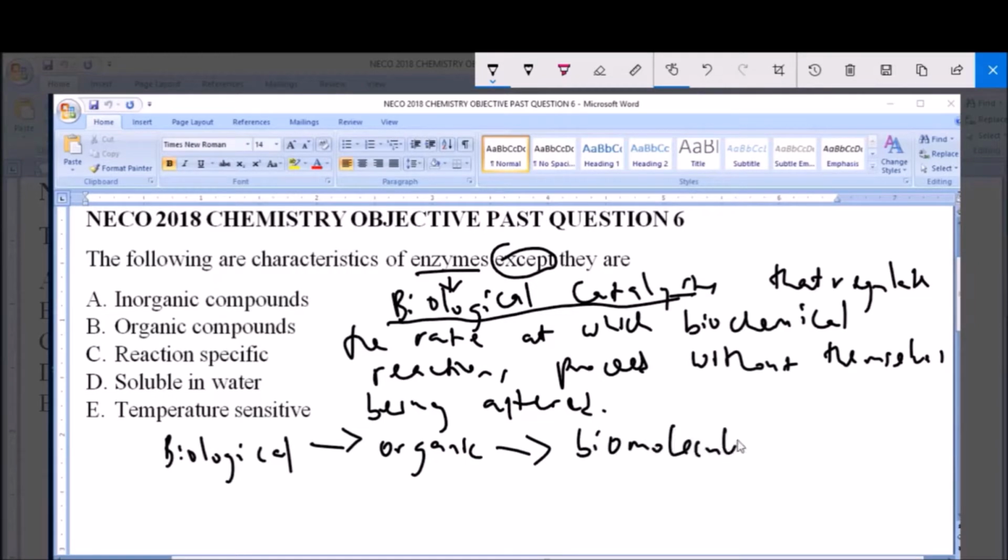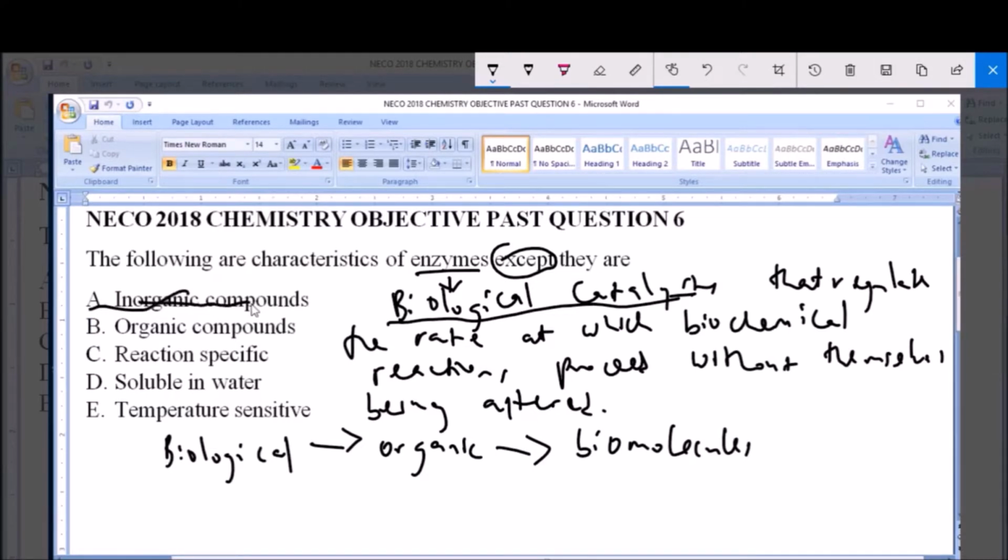So they are organic biomolecules, and hence they are not inorganic in nature. So option A, inorganic compounds, is not a characteristic of enzymes, as enzymes are all organic in nature.